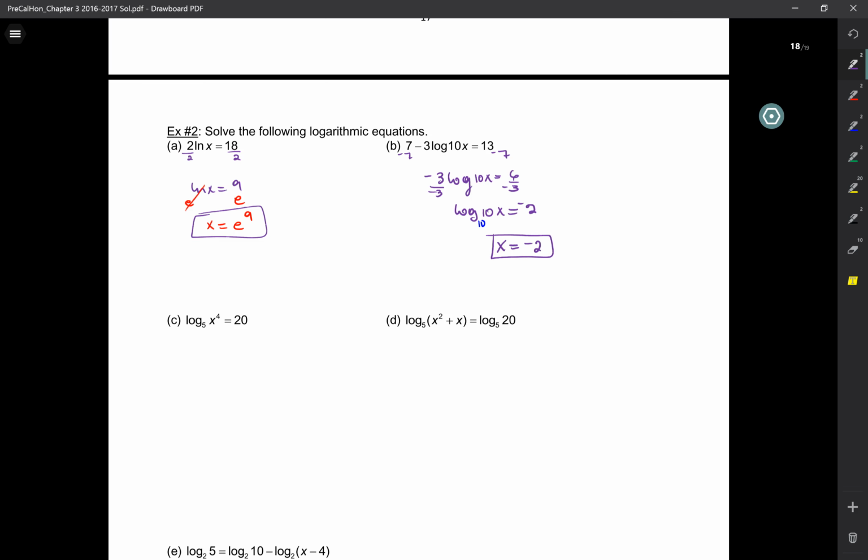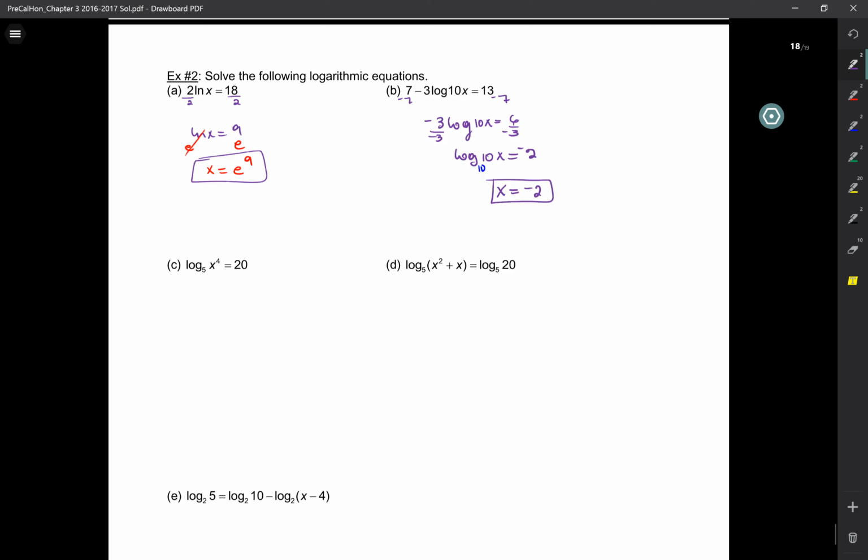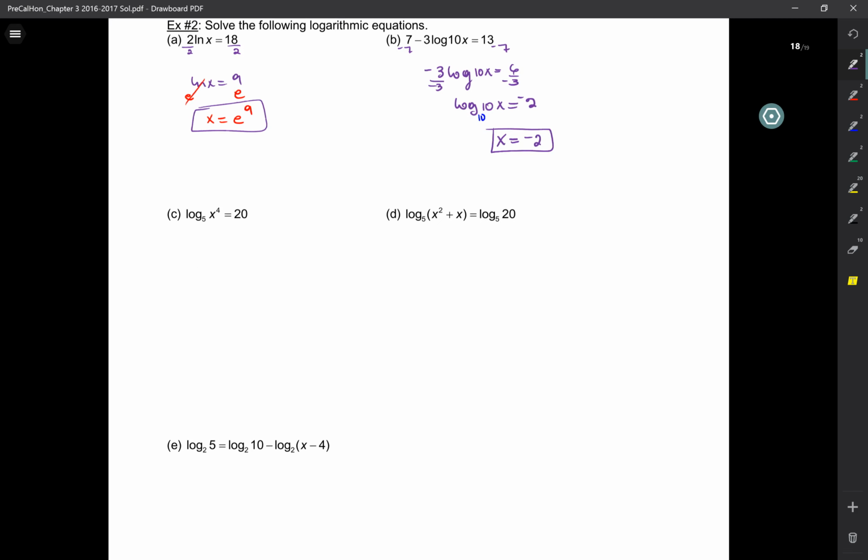Okay, let's do another one. All right, here I have a log base 5 of x to the 4. So what I need to do first is get rid of the log. To do that, I have to make it a power of the base 5. So the entire thing here will become an exponent of base 5.